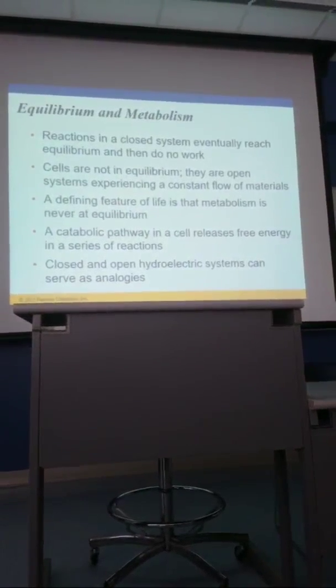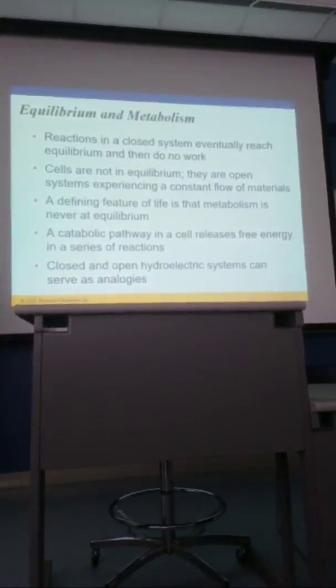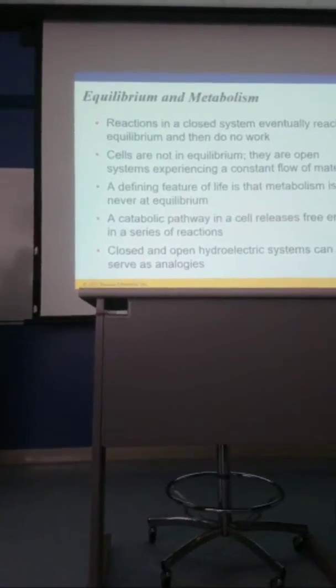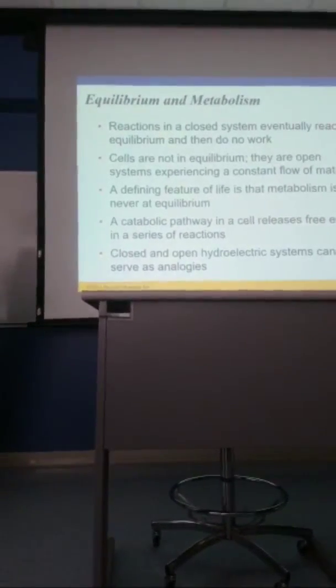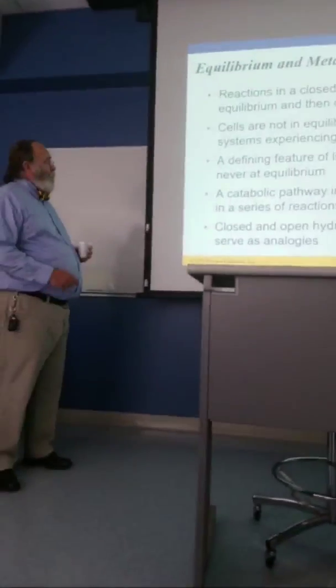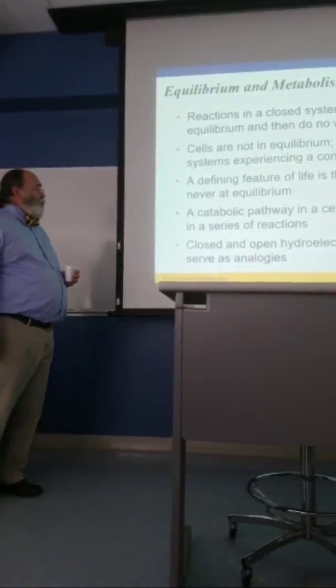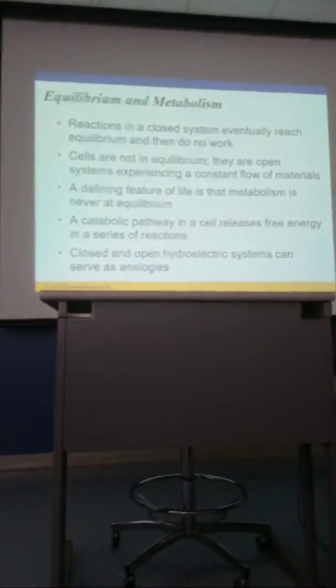Notice this, a defining feature of life is the fact that cells never reach equilibrium. These are what we have talked about. A catabolic pathway in a cell releases free energy. Closed and open hydroelectric systems can serve as analogies.